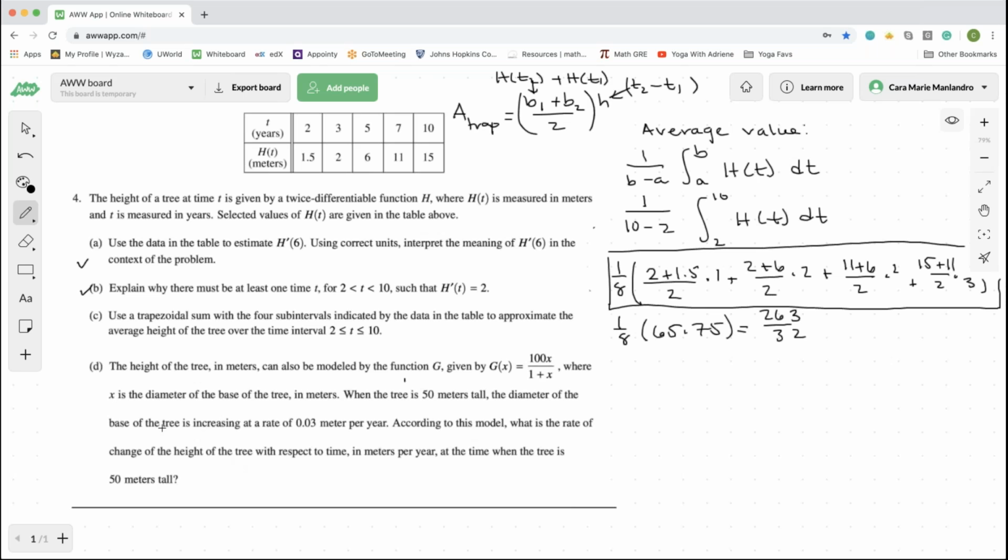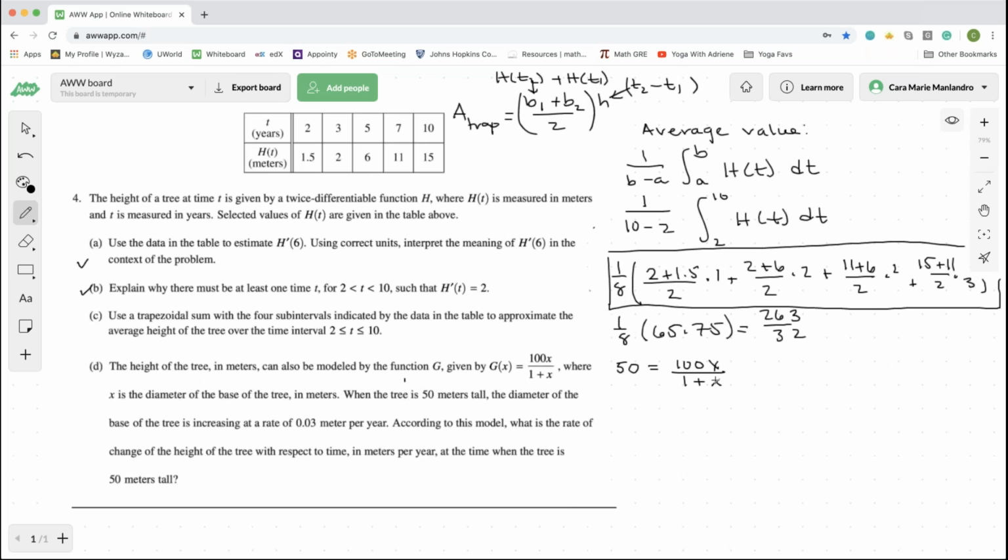All right, so this looks like a related rate, and not as easy as when you were in AB, but we have to actually solve for x here so that we know what to plug in. So I'm going to set 50 equal to 100x over 1 plus x.